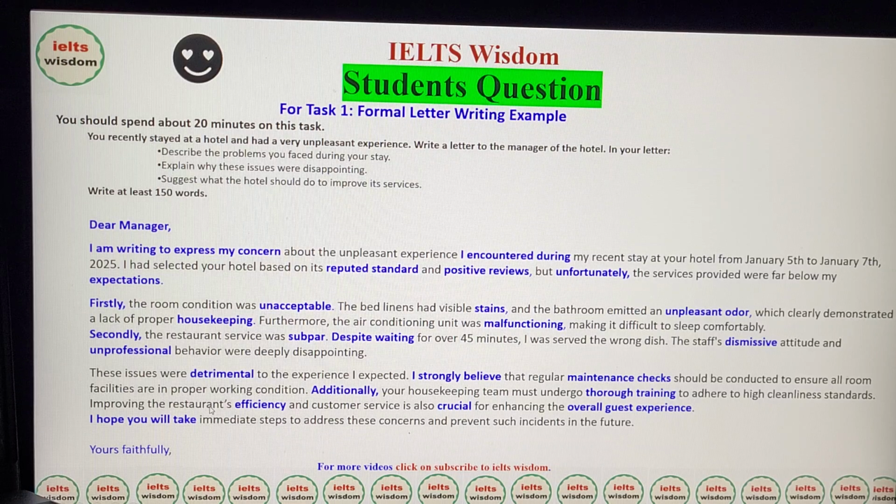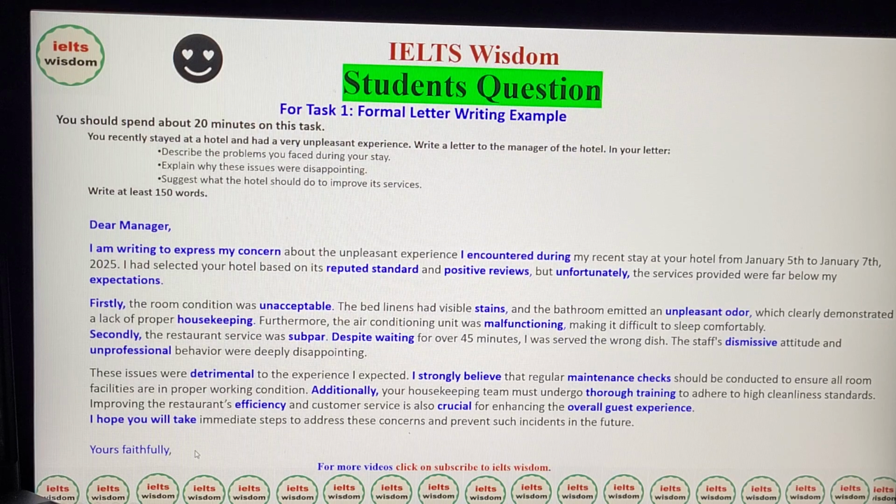Improving restaurant efficiency and customer service is also crucial, a vocab word, for enhancing the overall guest experience. I hope you will take immediate steps. This is again the closing, as we saw in our formal letter. I hope you will take immediate steps to address these concerns and prevent such incidents in the future.